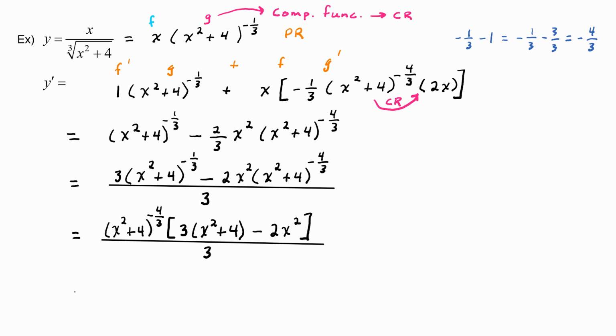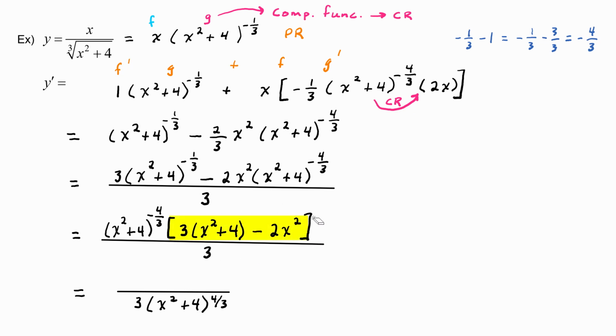Now let's simplify. Now this x squared plus 4 to the negative 4/3 will have to join the 3 in the denominator. So that's going to be 3 times the quantity x squared plus 4 to the positive 4/3.